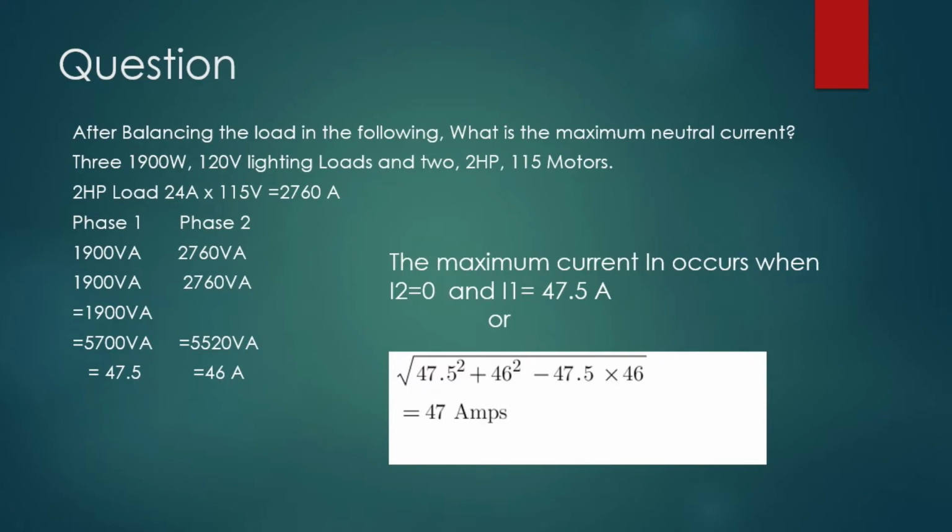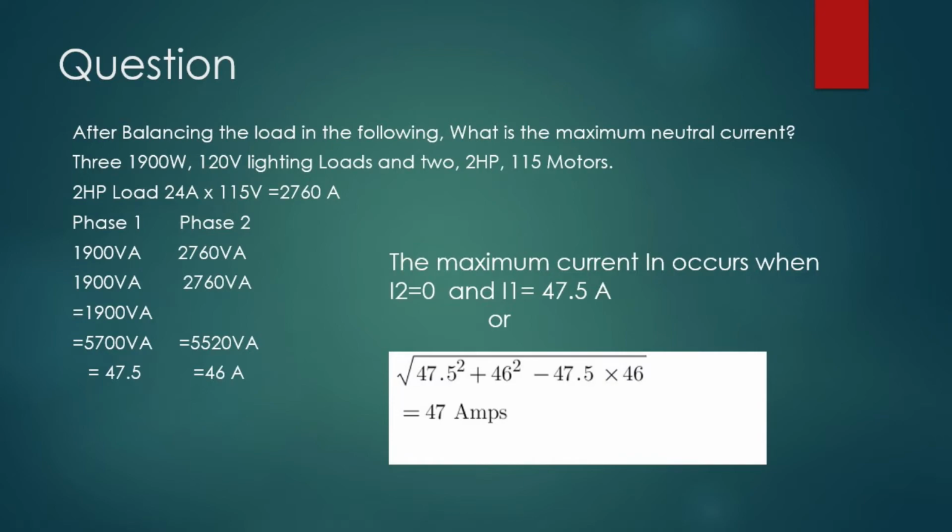and then we divide that by 120 volts. All right, so the maximum current in I1, or the neutral rather, will occur when either phase is at max and the other is taken out. So L2 is 0, or I2 is 0, and L1 is at max, 47.5 amps.